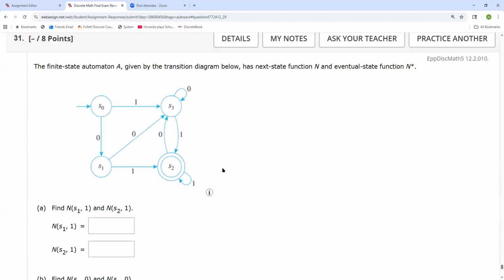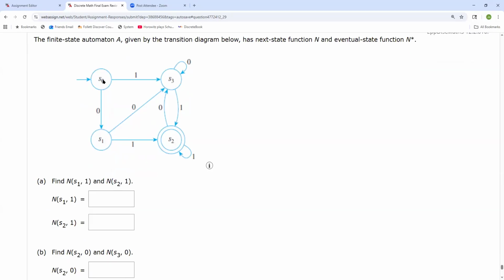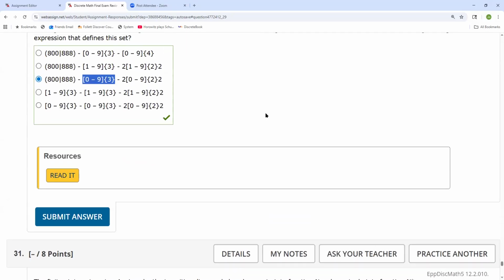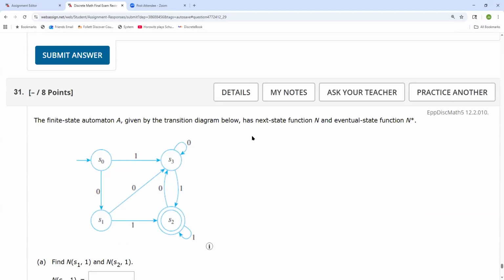Okay, well then, final one of the review. So this is a finite state automaton A given the transition diagram below. So this is like how vending machines work, and actually this is also how regular expressions are implemented a lot of times, like in assembly language or at the base level.